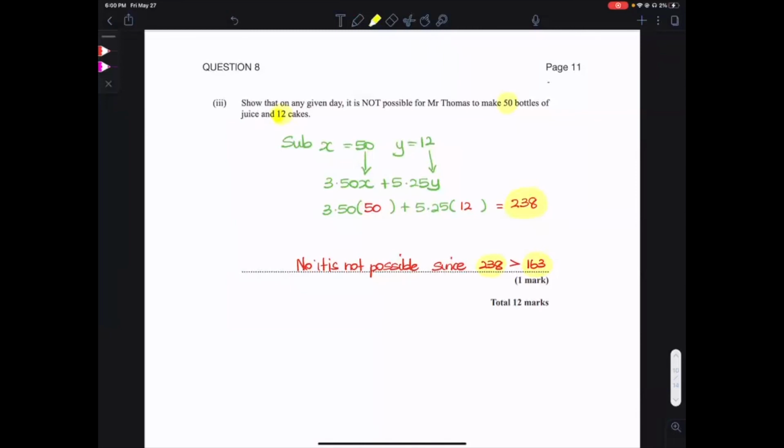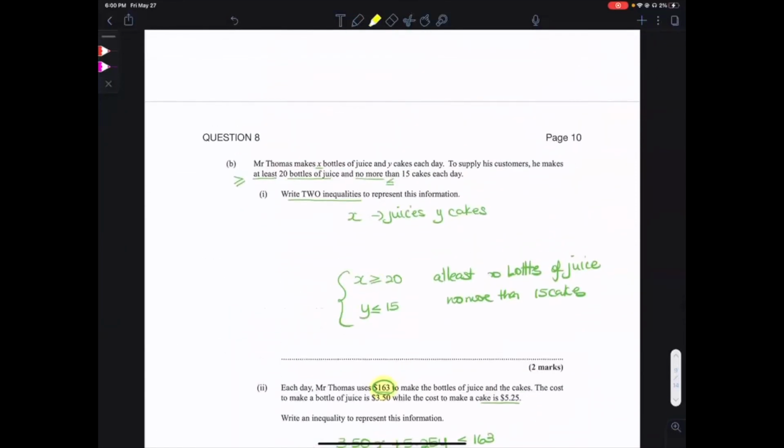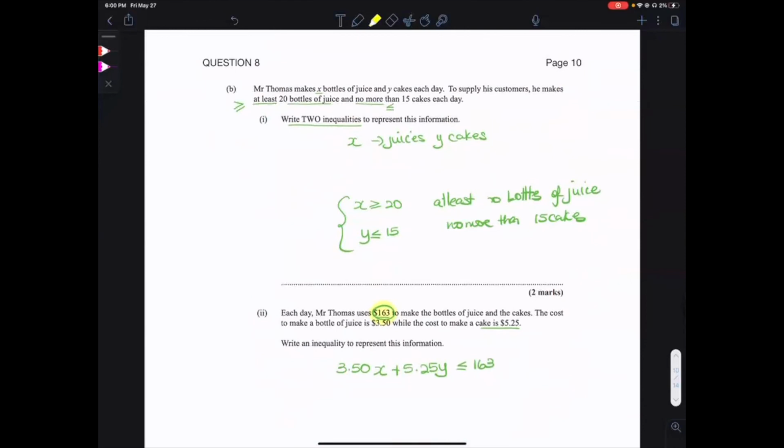All right, so everything that we have done today is going to come next week, Wednesday. So I will put the recording a little bit later. All I ask you to do is to go back through these questions. I am going to send the questions to you on WhatsApp as soon as the class is finished. I want you to redo the questions because it will help you, and we will try and maximize the marks on question 8.